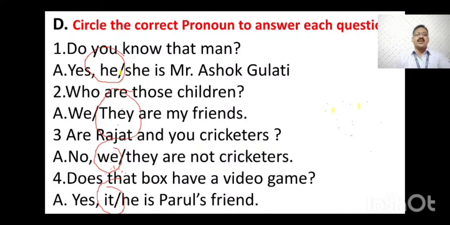Correct answer is no, we are not cricketers. We is the correct pronoun, so circle it. Does that box have a video game? Yes, it or he is Parul's friend. Yes, it is Parul's friend.